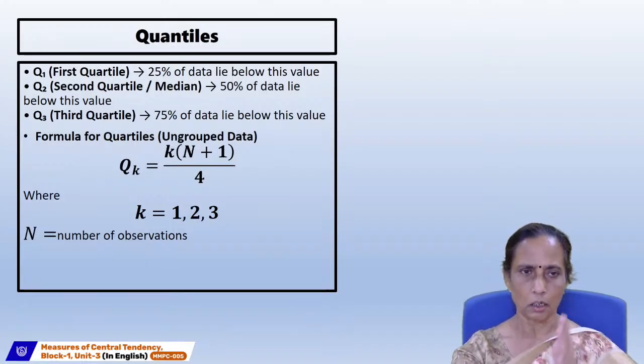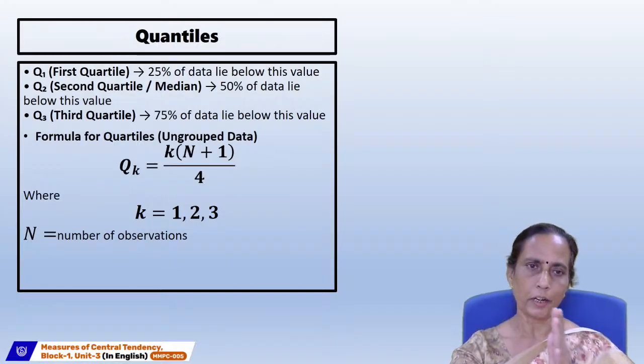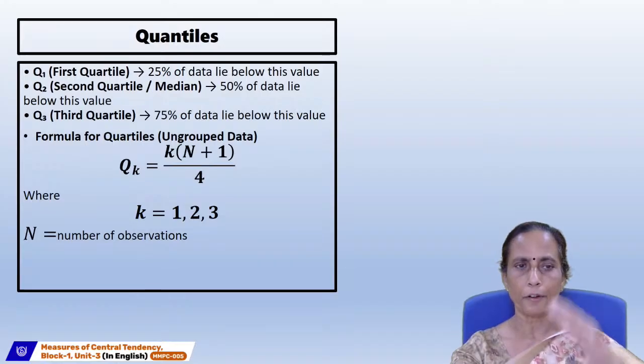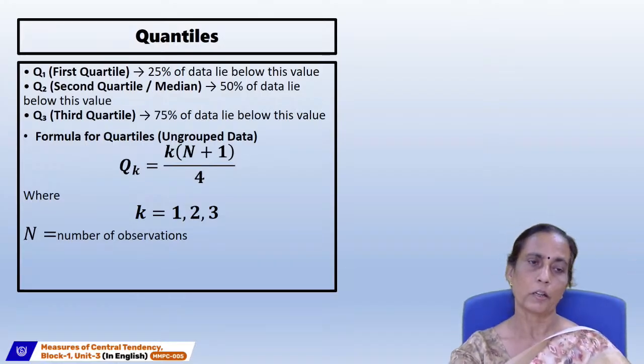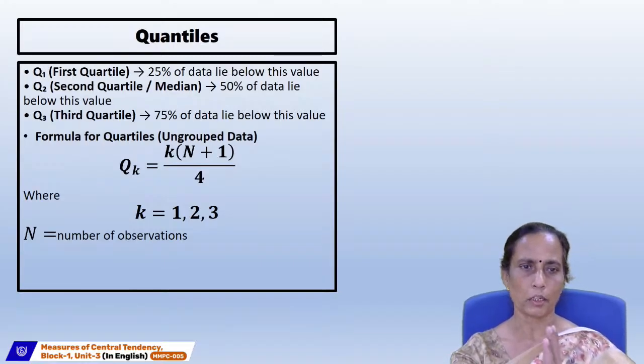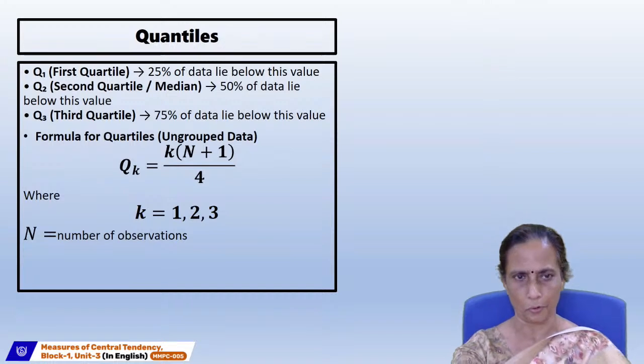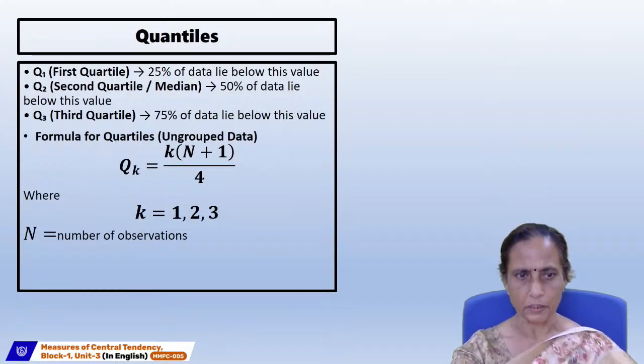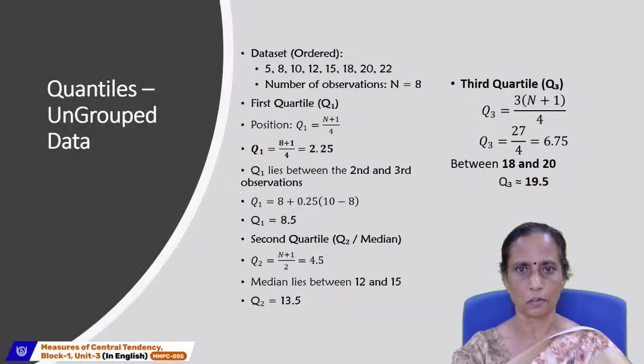And Q3 is the third quartile, that is 75% of the data lie below this value and 25% above this value. So the formula for quartiles in case of ungrouped data will be Qk is equal to k into (n plus 1) by 4, wherein by Qk I mean k is equal to 1 or 2 or 3, and n represents the number of observations.